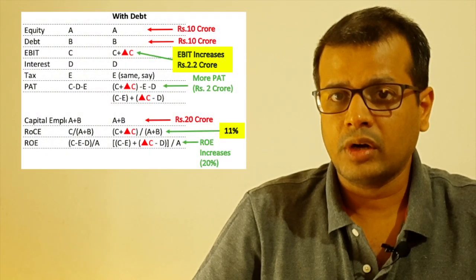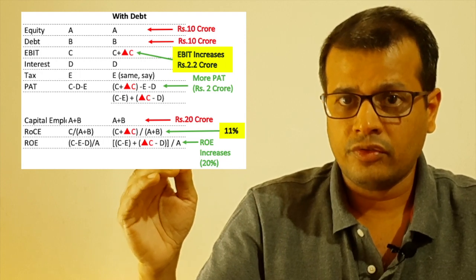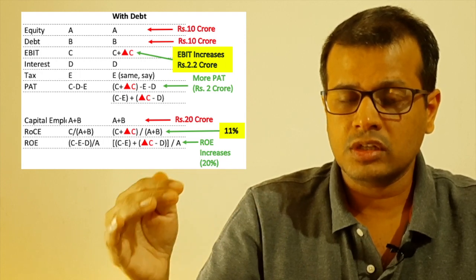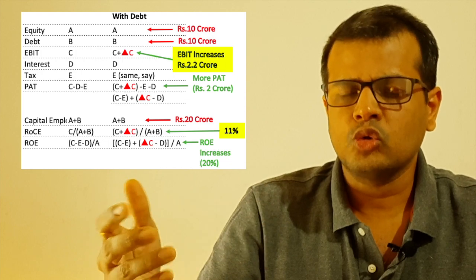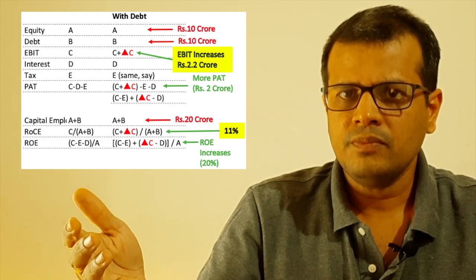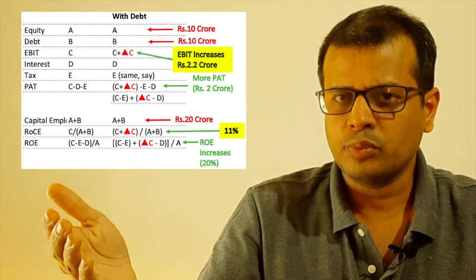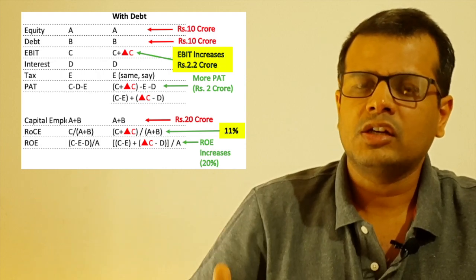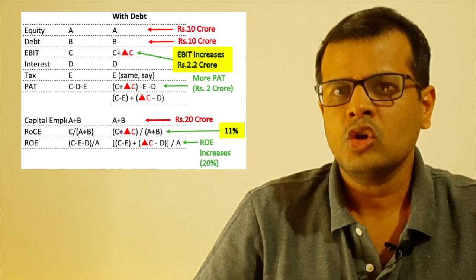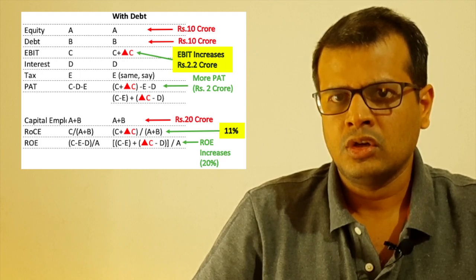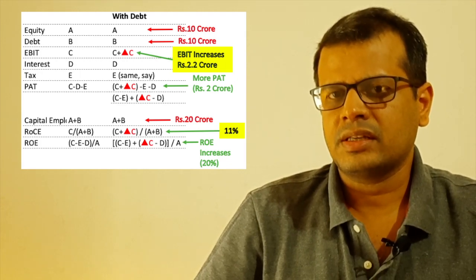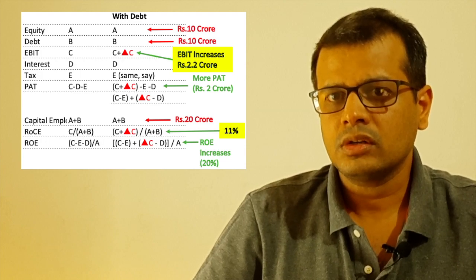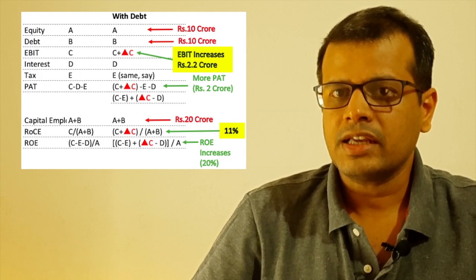But in this case, what will be the return on capital employed? If 2 crores is the net profit, then let's say 2.2 crores will be the EBIT, the operating profit, and the total capital employed here is 20 crores. So around 11% will be your return on capital employed.